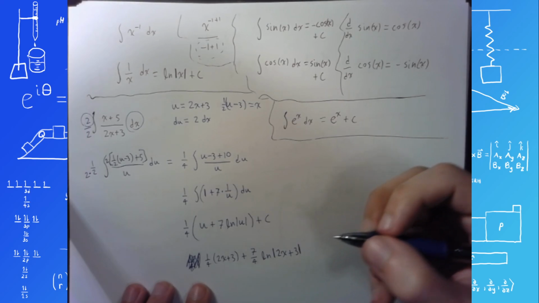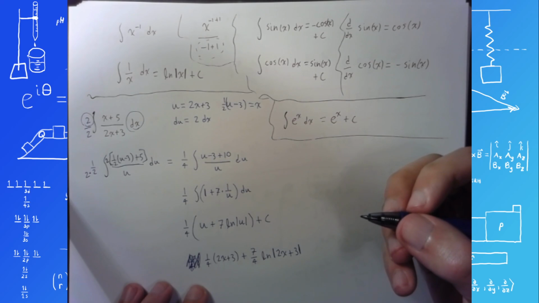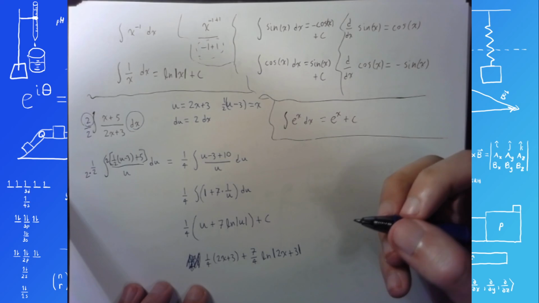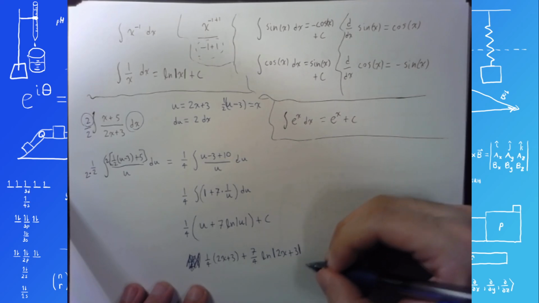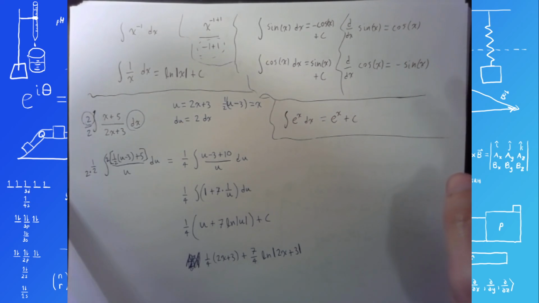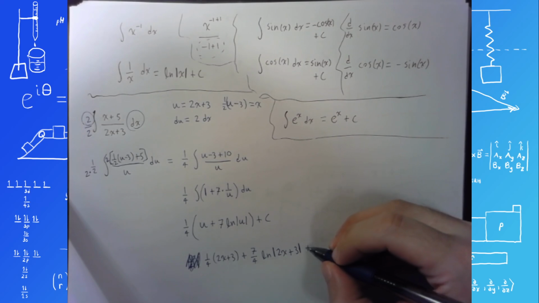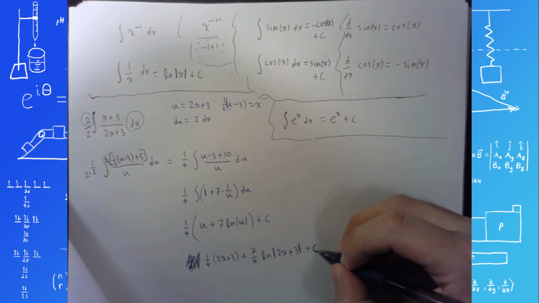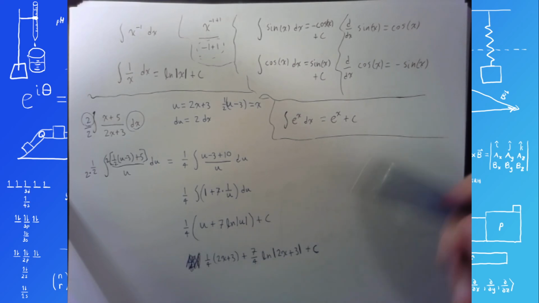In case x is less than negative 1.5, I would need these absolute value bars. Not negative 1.5 or less, just less than negative 1.5, because at negative 1.5 you can't take the natural log of 0. And then of course plus c. As I said time and time again, distributing the 1/4 to it would be pointless because you just get a c of a different kind.